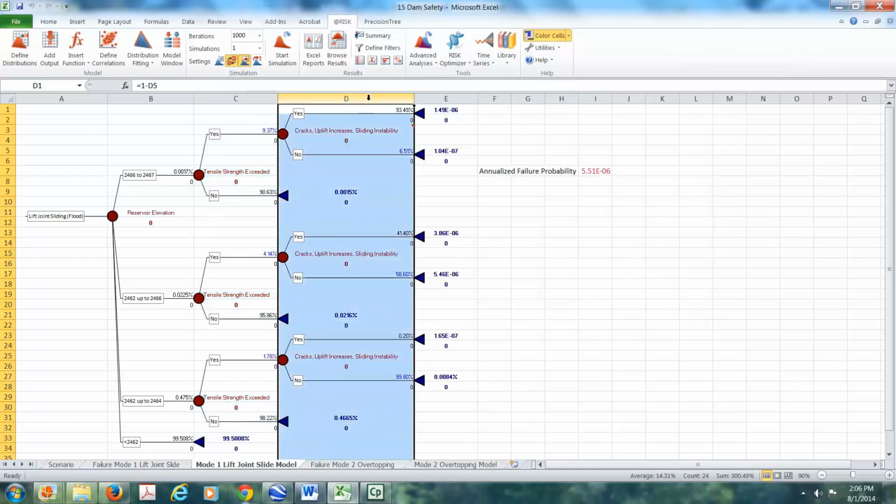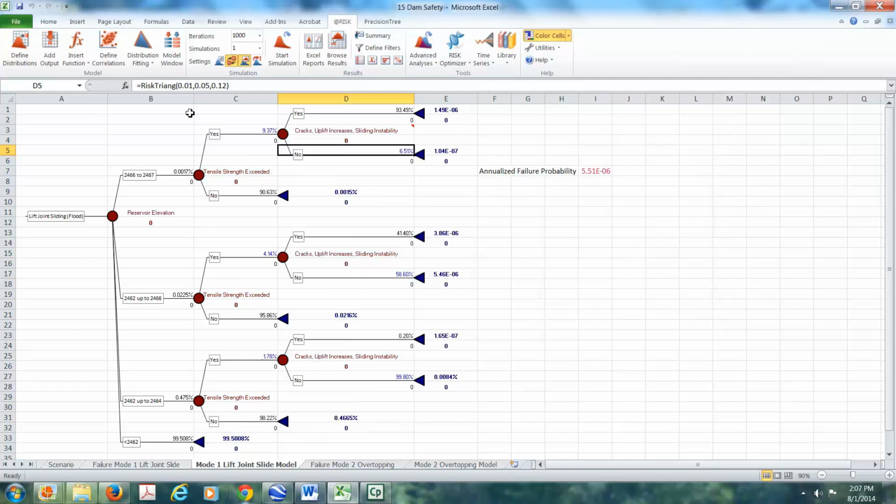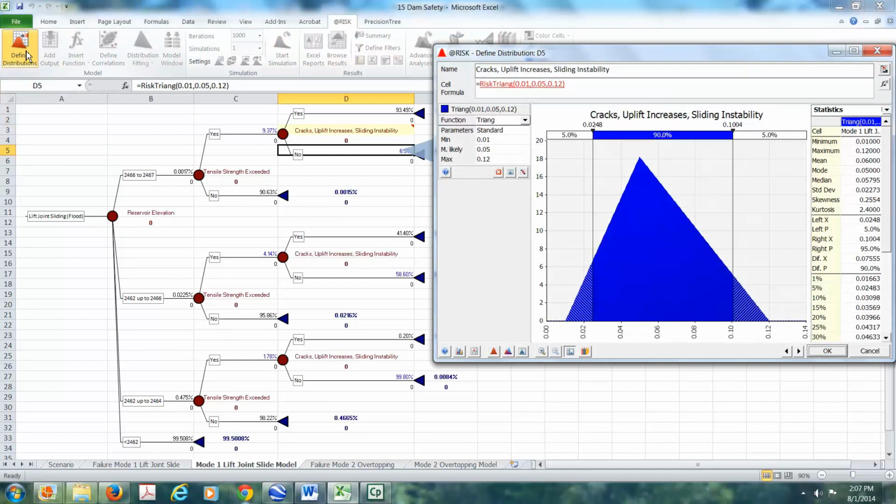Now let's move to the next event, cracks, uplifting, and sliding. This time we switch to the no branch here. And when we look here, we find the probability that you will not have cracking, uplift, and sliding when you have a large flow is between 1 and 12%, most likely a 5% chance.